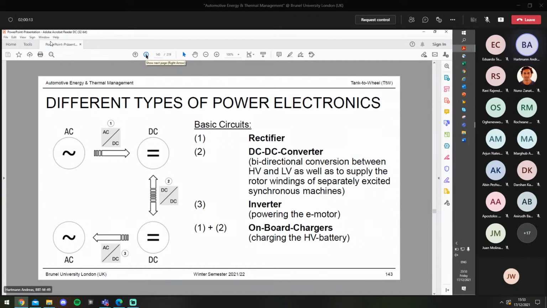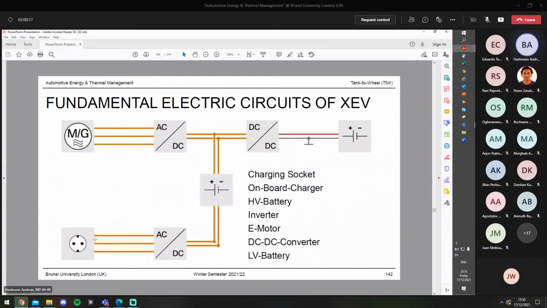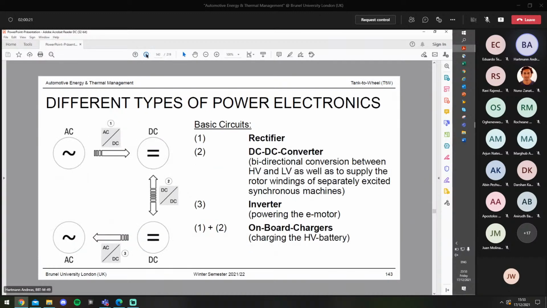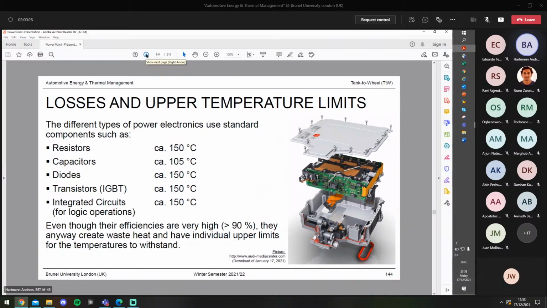And all these components of the electric powertrain, for sure, also require thermal management. They also need to be cooled, as during operations they have some losses, and therefore the temperatures may rise above the allowed limits, which are mentioned here on this slide.